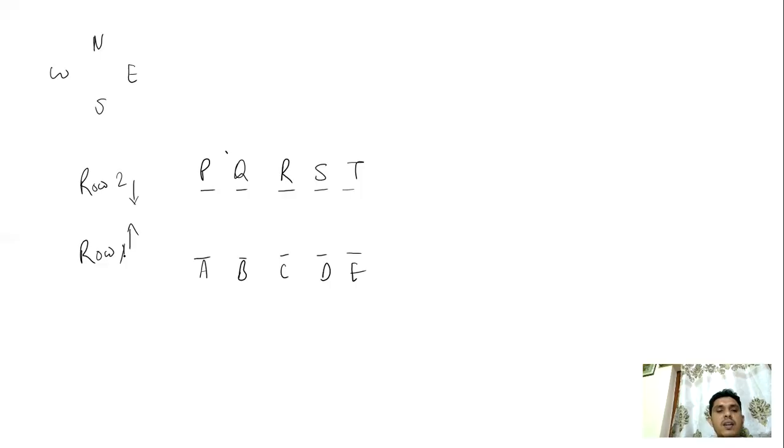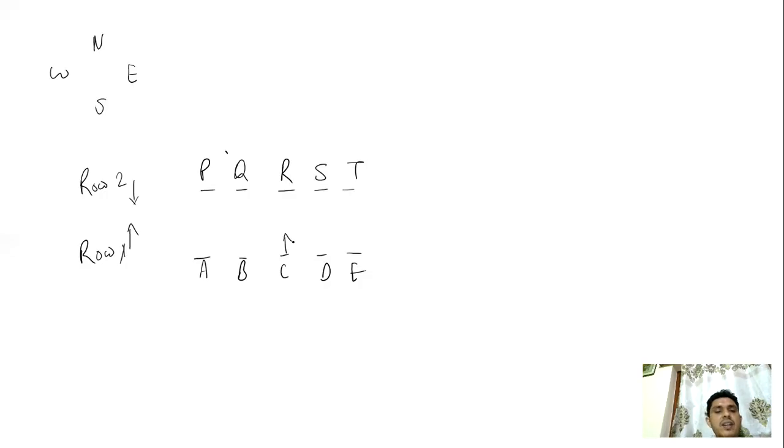In row 1, if I'm talking about any person like A, B, C, D, E, the left and right of an individual will be your left and right. If I say C, the left of C will be B and A respectively, and the right of C will be D and E respectively.